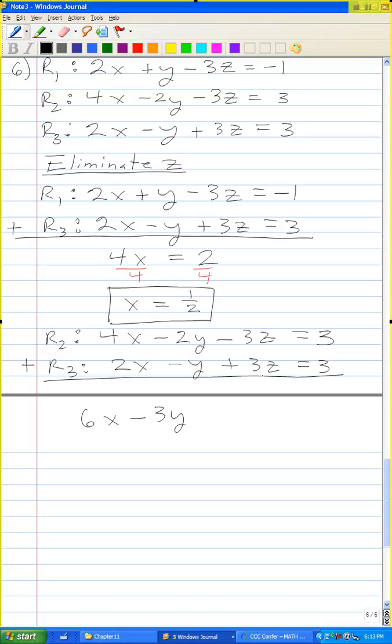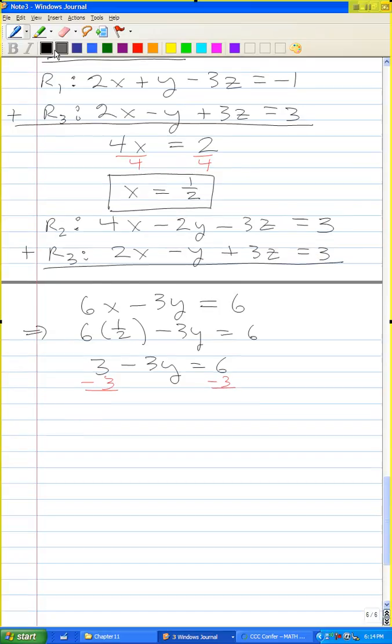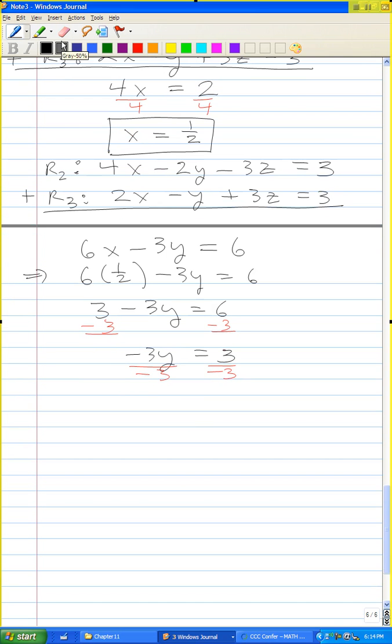The 3z's cancel, equals 6. Notice that x is 1/2, so let's replace x by 1/2. And so I get 3 minus 3y is 6. Subtract 3 from both sides of my equation. So I get negative 3y equals 3. Divide both sides of my equation by negative 3. And so I get y is negative 1.